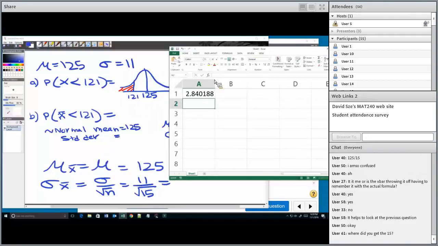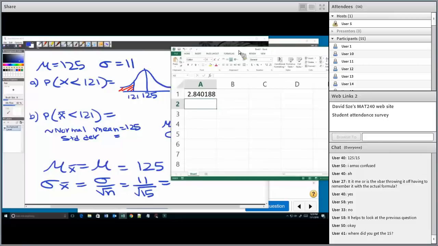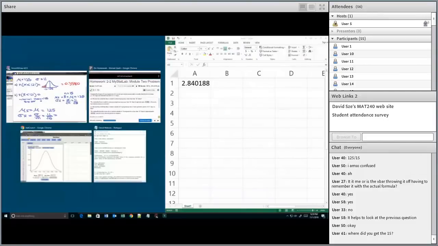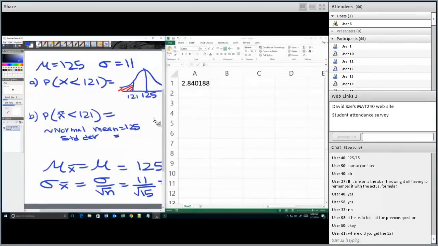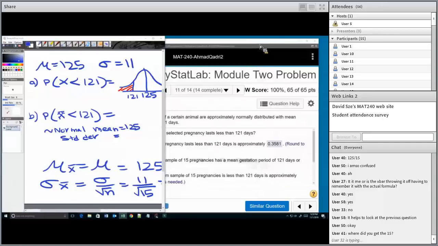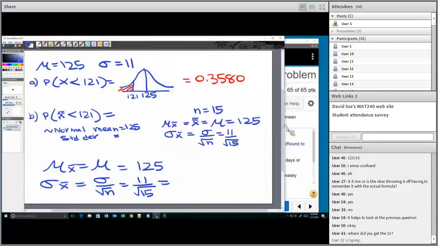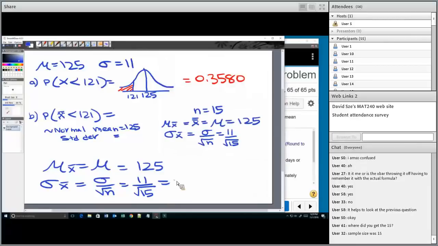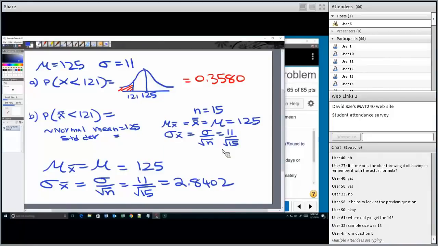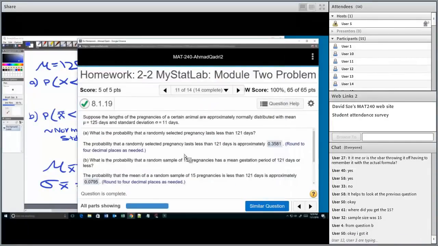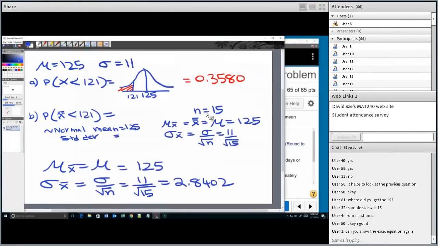And I get 2.8402. How did I get 15? Well, 15 was given in problem B as the sample size, right? So n equals 15.